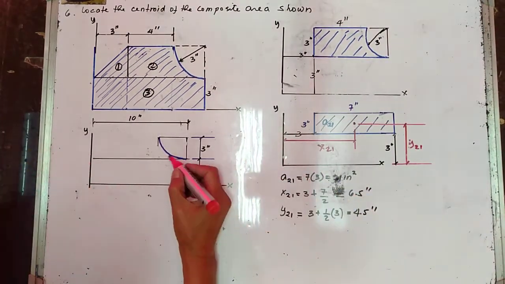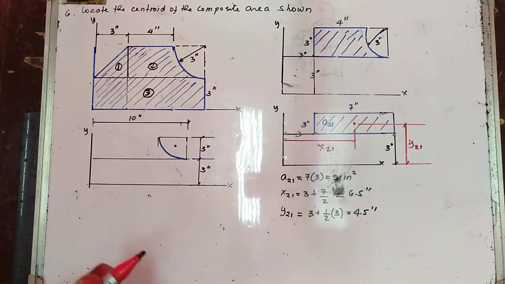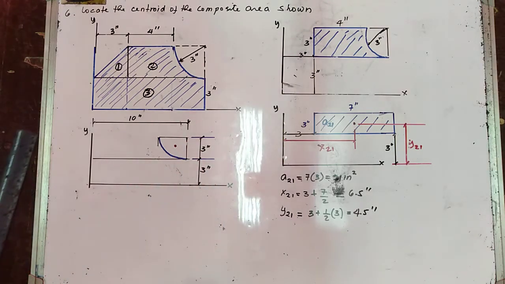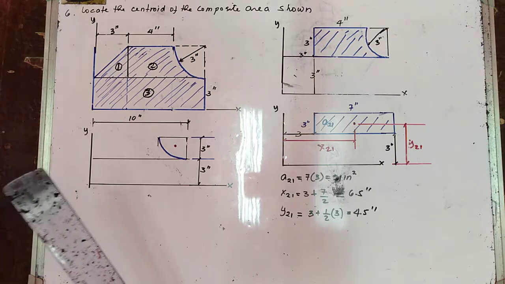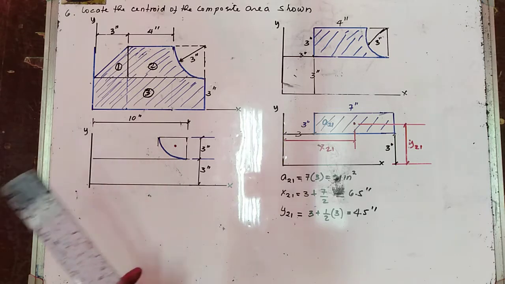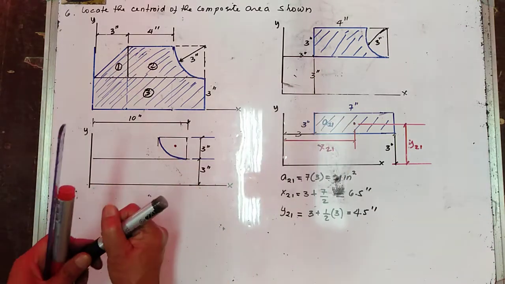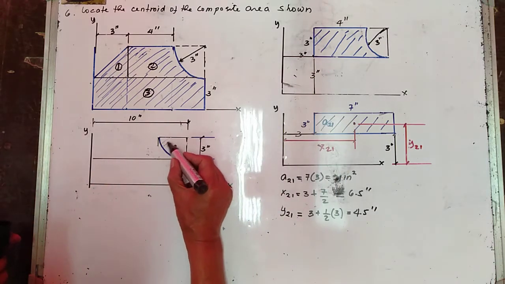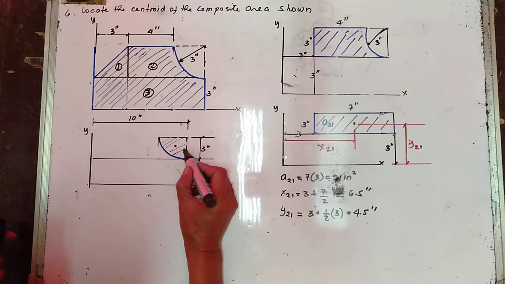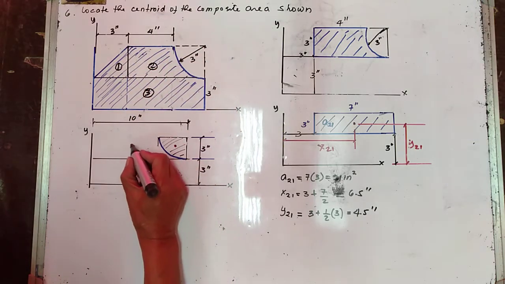For a quarter of a circle alone, the centroid is at this point. So you try to go back again to the table that was uploaded before regarding the centroid of the area of a quarter circle. So let us try to remove this area so that we can get the net area of area 2. So I'm going to consider this one as area 2,2.